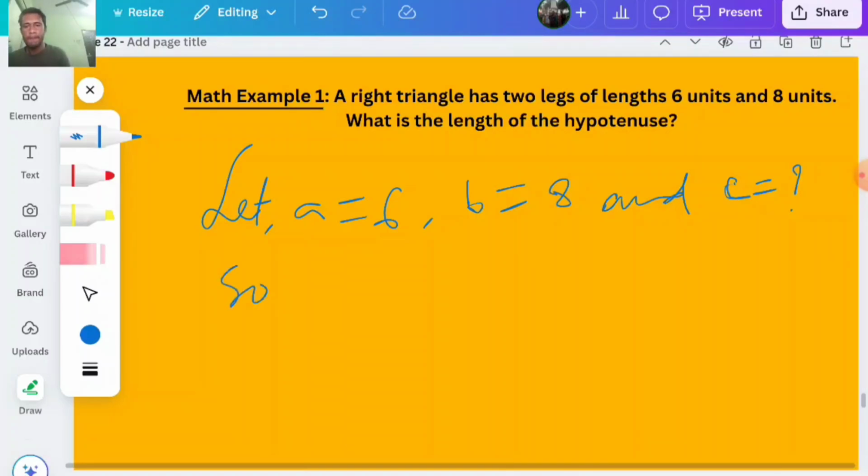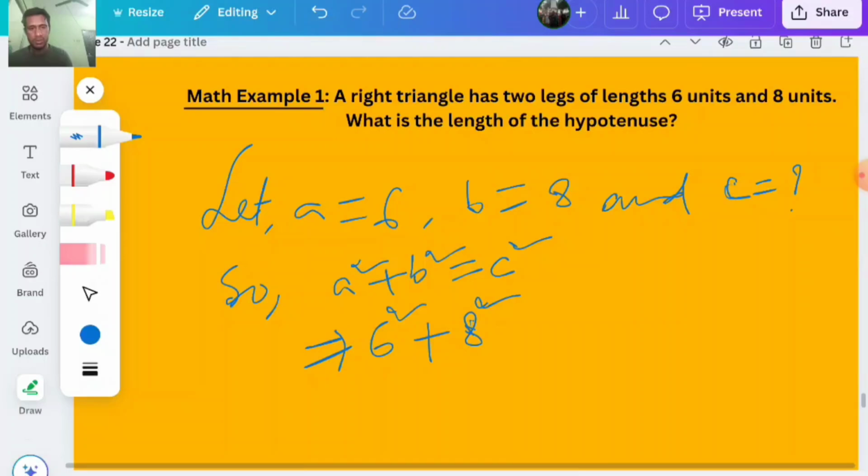So A square plus B square equals C square. That means 6 square plus 8 square equals C square.